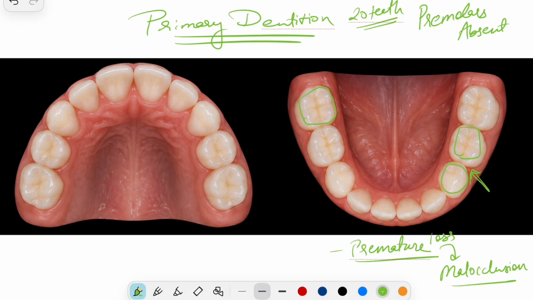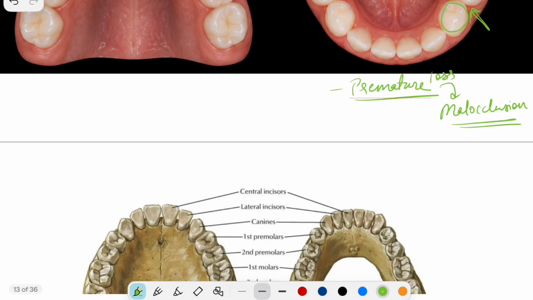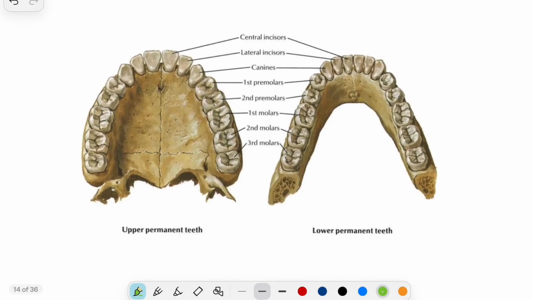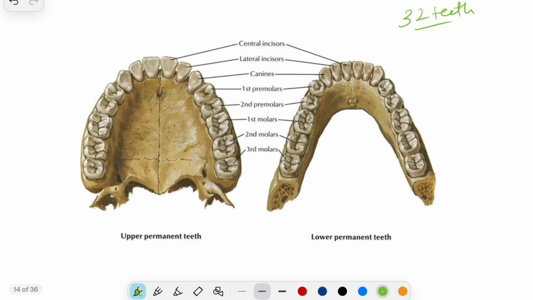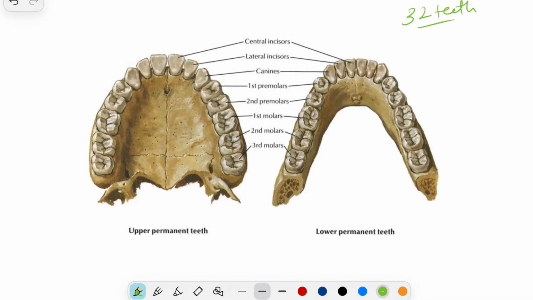in permanent dentition. Okay, and then we have our permanent dentition right here. Permanent dentition contains 32 teeth and begins erupting around 6 years of age. Okay, and this includes premolars.